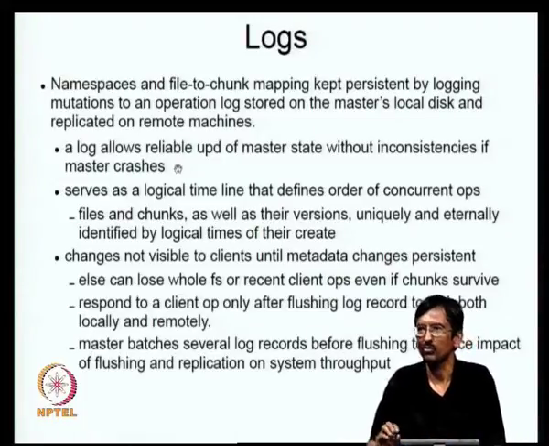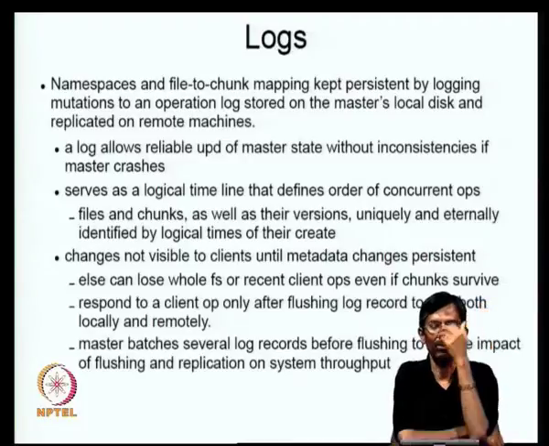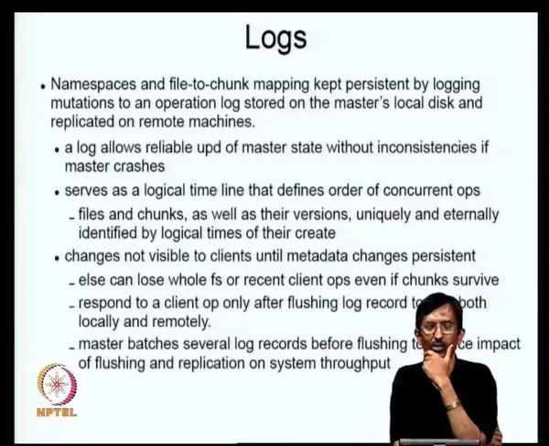So you need some logs. What they do is keep important metadata like namespaces and file to chunk mappings persistent by logging changes to an operation log on the master's local disk and replicating it on remote machines.